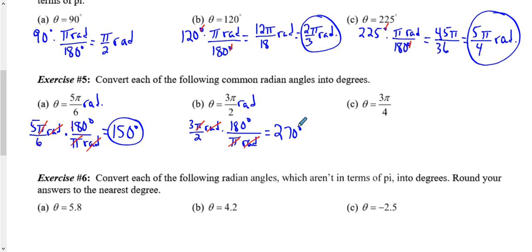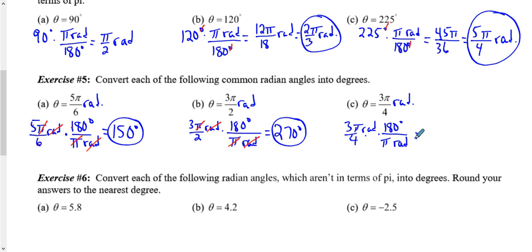All right. And you guys try this last one on your own. These are in radians, right? So we're going to have 3 pi over 4 radians times some ratio. What's the ratio? Let's see what you guys get.